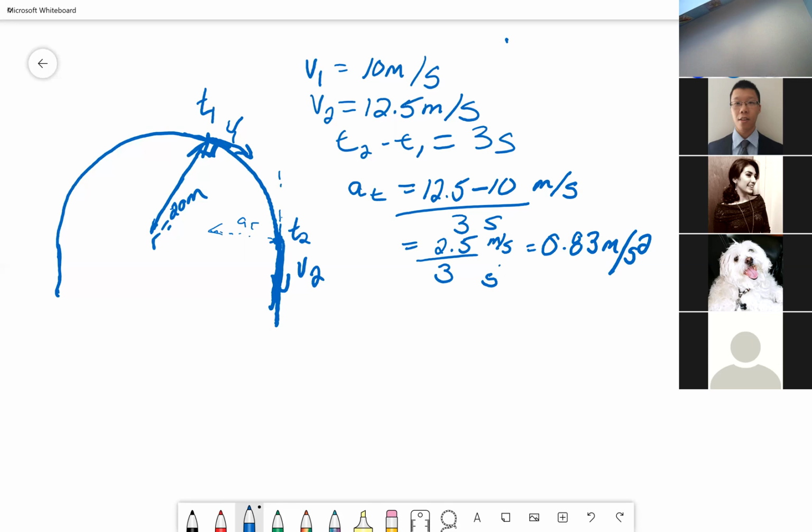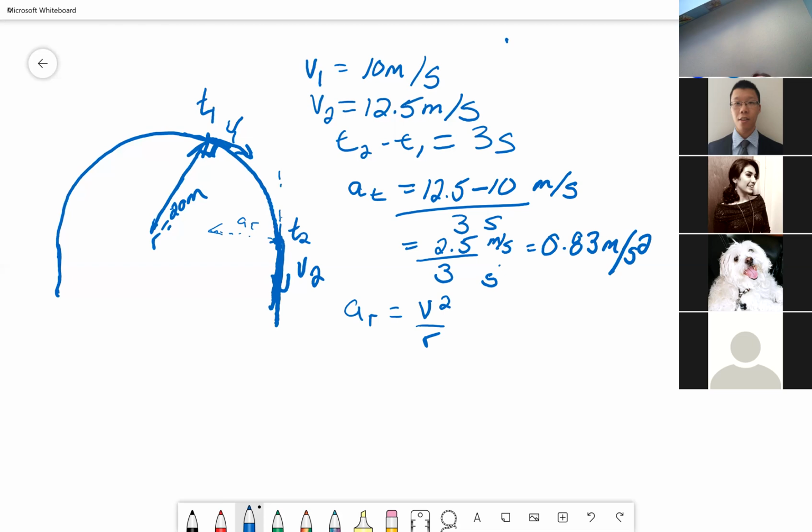The magnitude may or may not be changing. In this particular case, it is changing. But the direction is also changing. And because there's a change in direction, there's an acceleration just associated with that change in direction. So a_R equals V squared over R. Now, this is instantaneous.